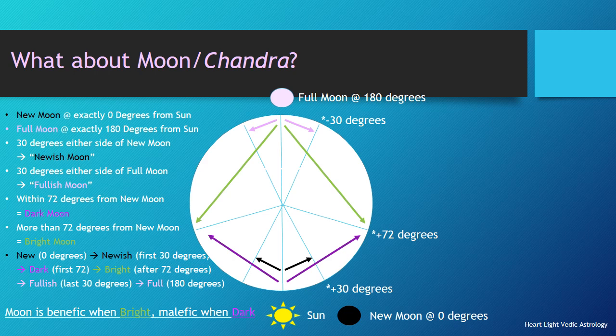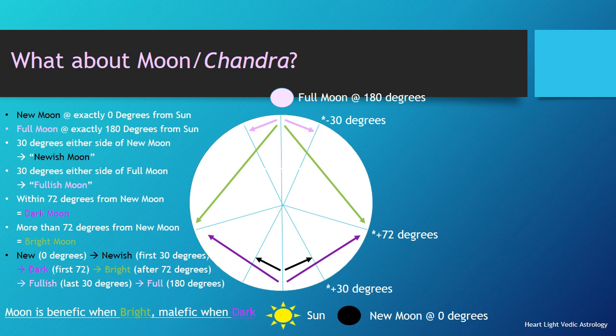If you go 72 degrees out from the sun, that's considered a dark moon. If you go beyond 72 degrees, that's considered a bright moon. And if you get to the last 30 degrees away from the sun, that's considered a fullish moon. And if you're exactly 180 degrees from the sun, that's an exact full moon.